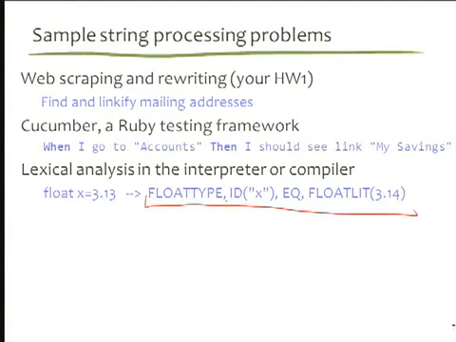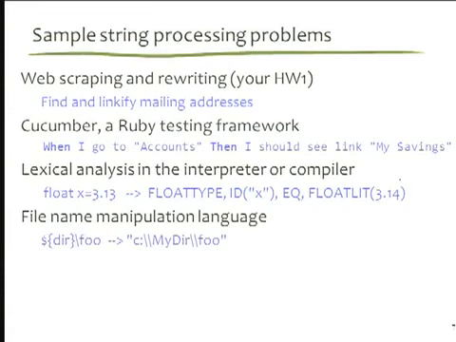A lot of string processing is about just name manipulation. Imagine you have configuration files which describe how you run your tests. You might have variables such as dir, which describes a directory. And it's a string manipulation language which translates this variable into a name, properly handles backslashes so that you can use them in strings, and does the substitution recursively if necessary.